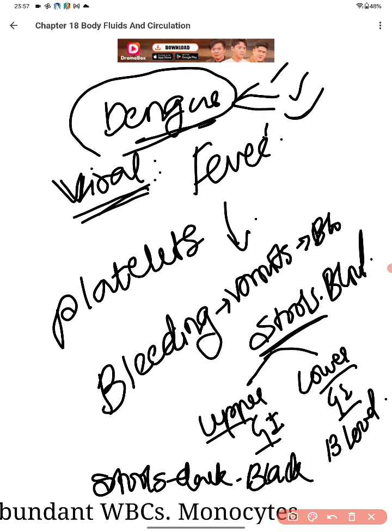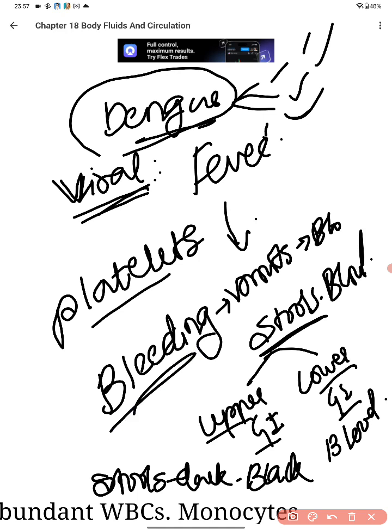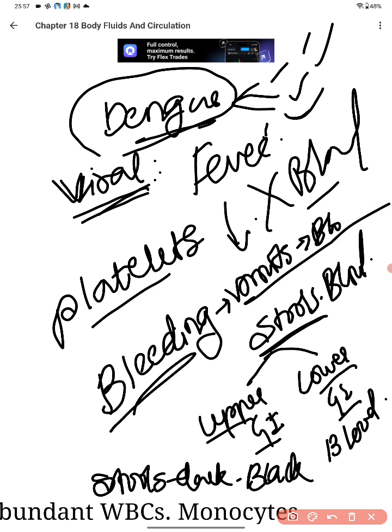Dengue fever has different stages. Some have just mild fever and they recover. Some have severe bleeding because there is loss of platelets, and due to fewer platelets blood clotting fails. And because clotting fails, the patient has blood in vomiting, blood in urine, blood in stools.